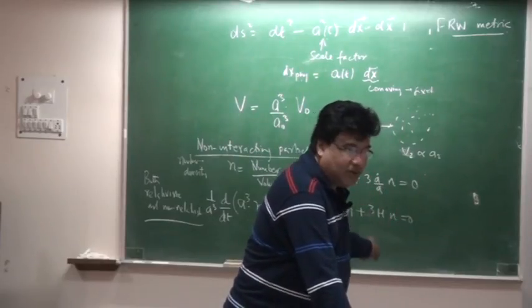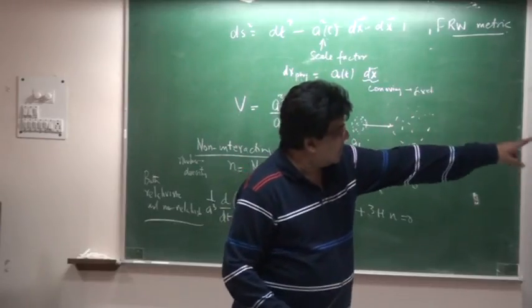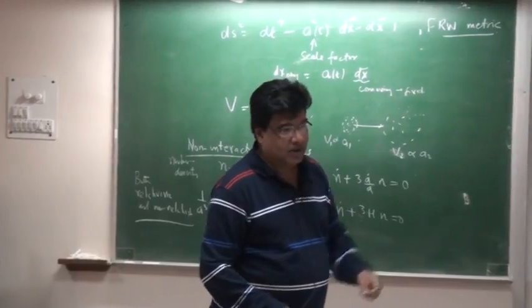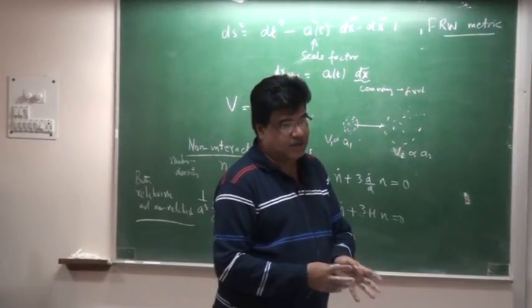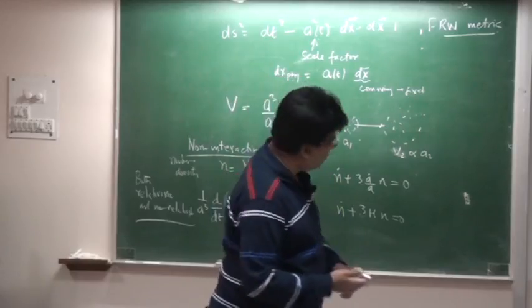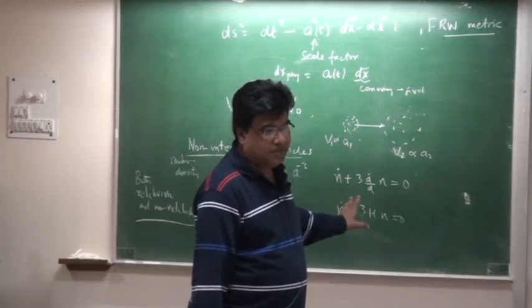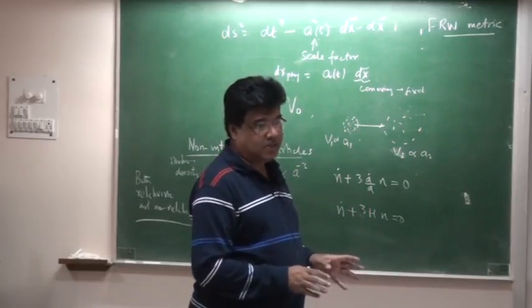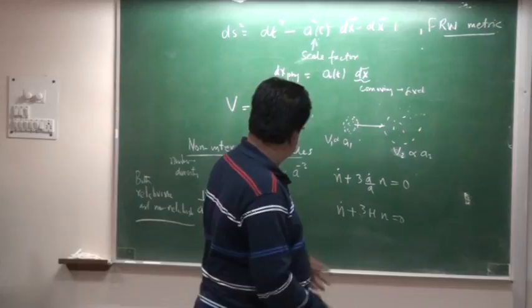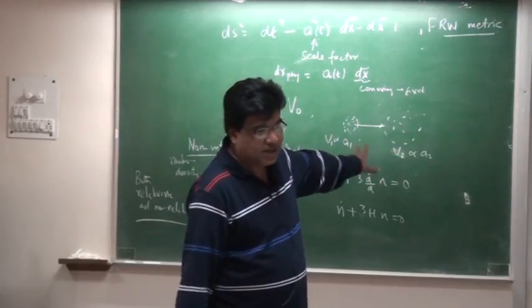In the real universe, it's the interactions between different particles, like XX going to gamma gamma, that are more effective in changing the number of particles. So here I am assuming that gravitationally created particles are not there. Plus, there is also no interaction. So this is just an assumption.